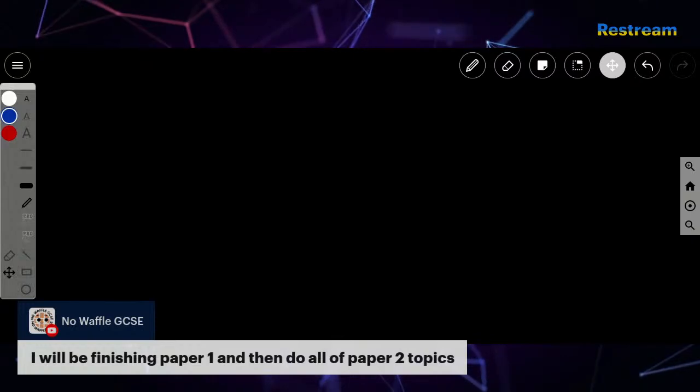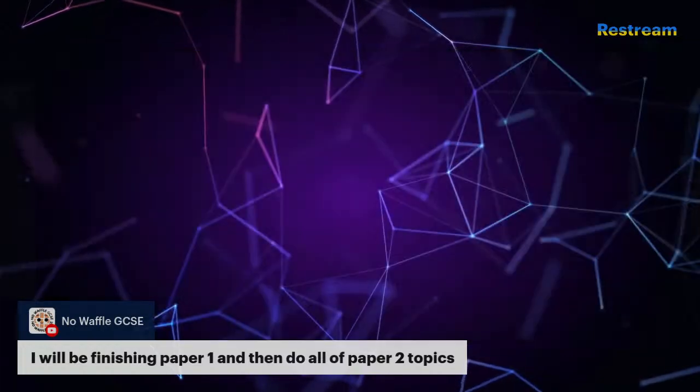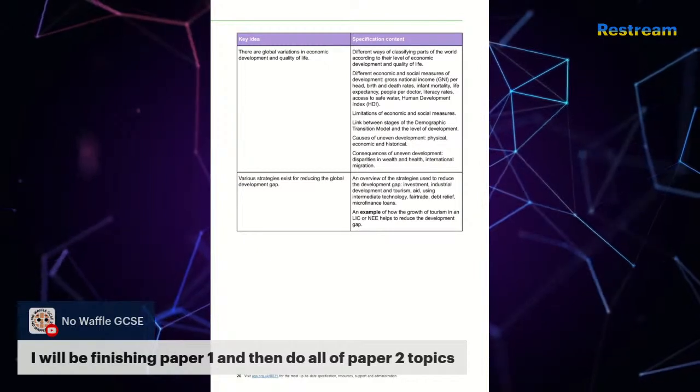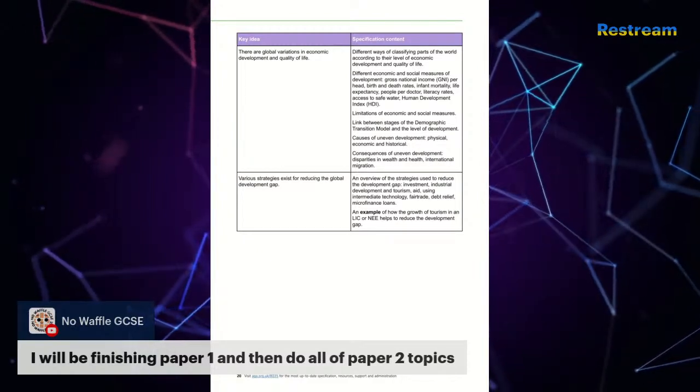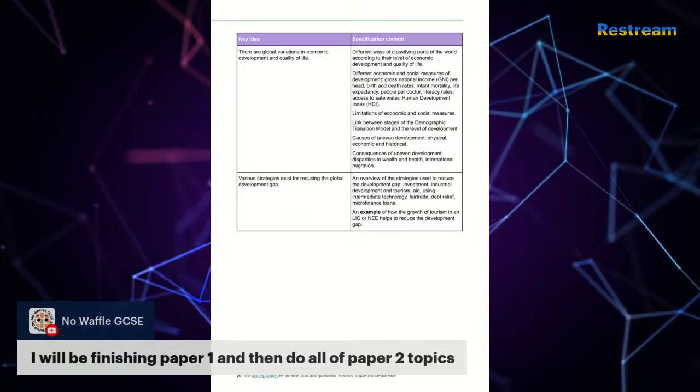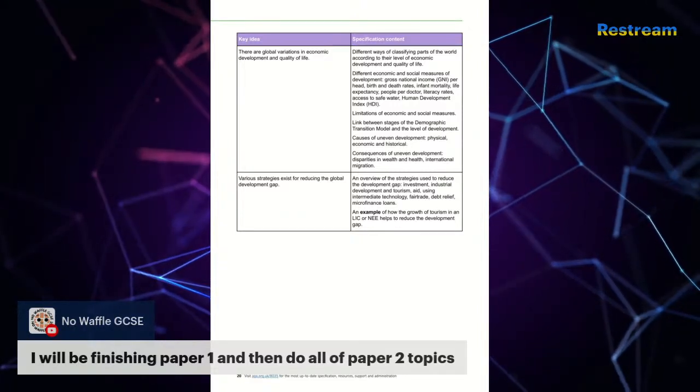So in terms of the specification, where we are at, we've looked at the way of classifying the world, the economic and social measures, and we've looked at the DTM.